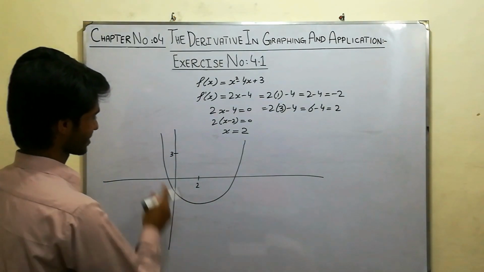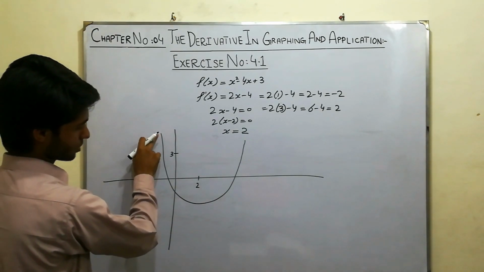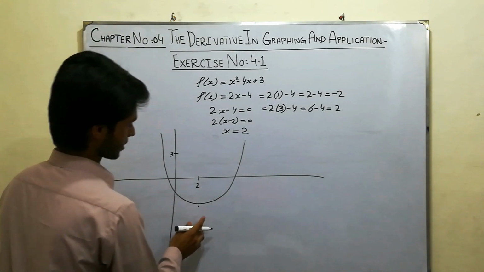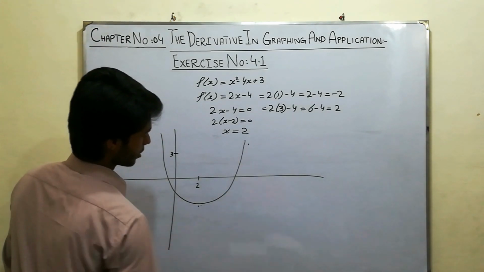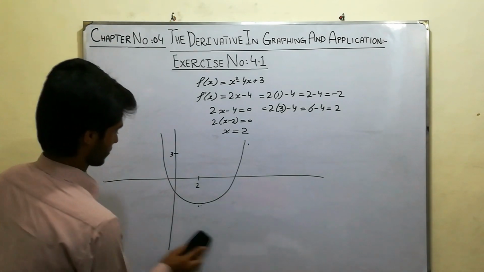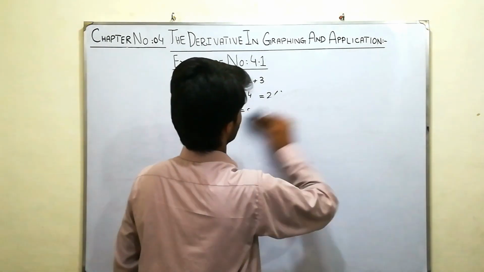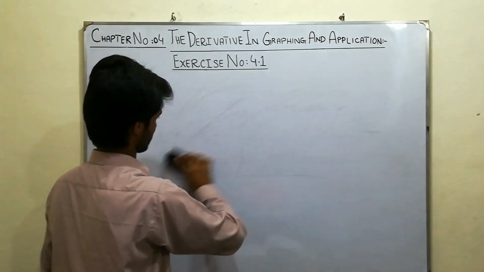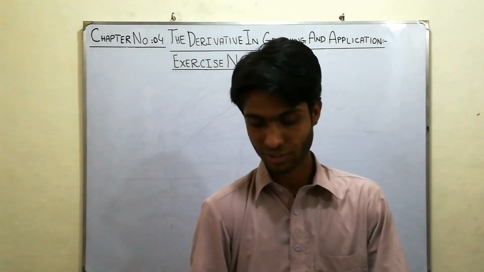You can see that if we travel left to right from this point to this point, our function is decreasing, and if we travel left to right from this point to this point, our function is increasing. So this is an increasing and decreasing function.